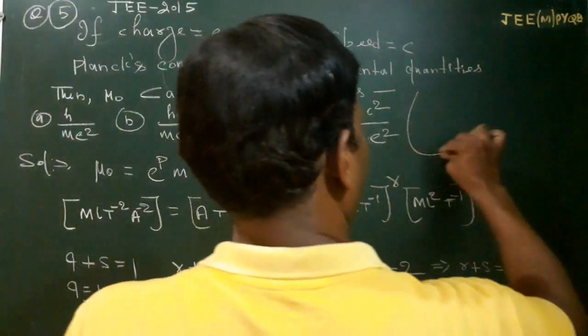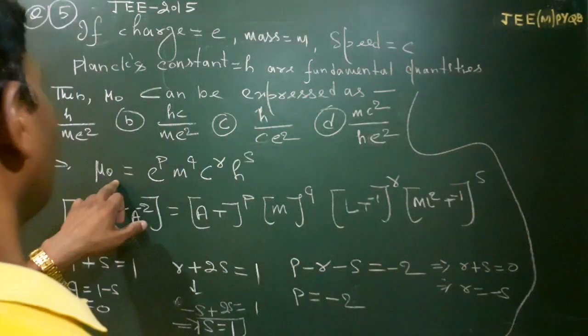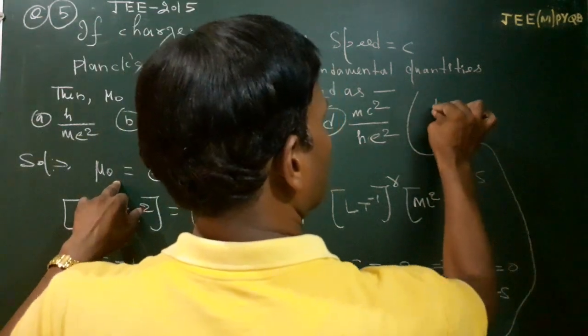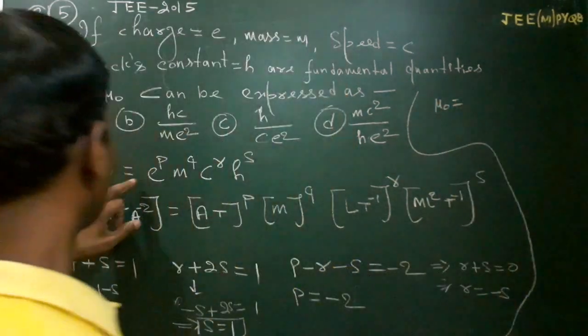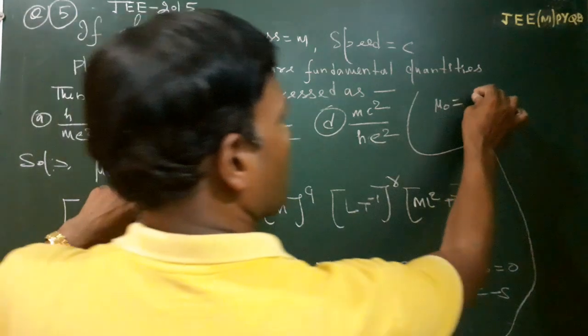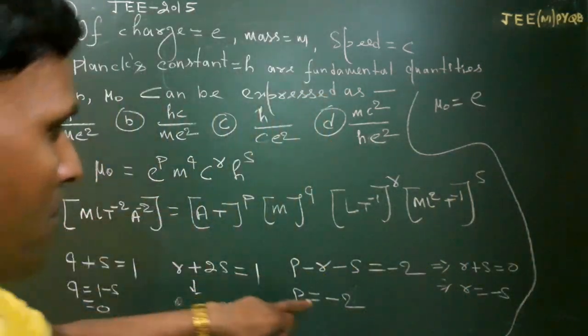Now put the values in mu naught, so mu naught can be written as Q to the power P, where P is minus 2.